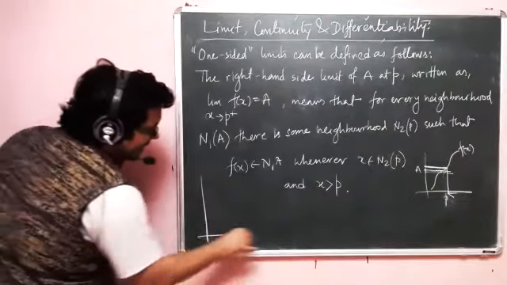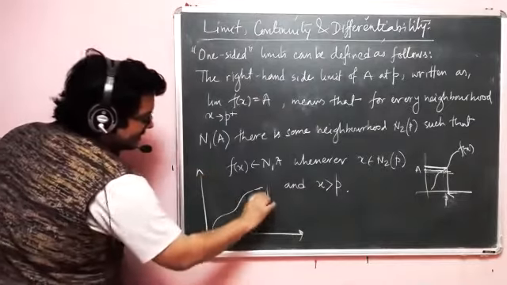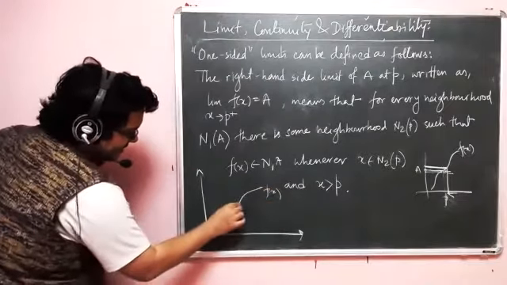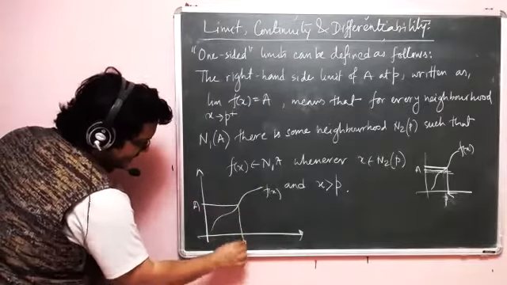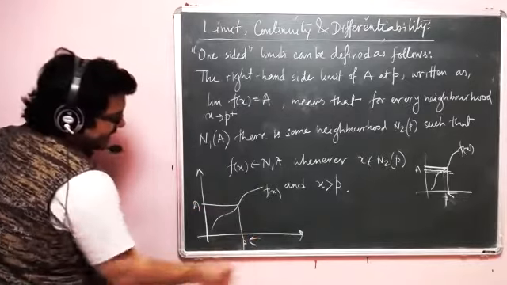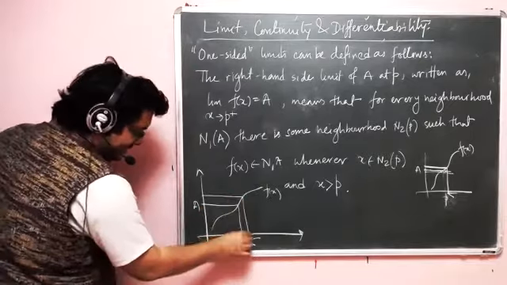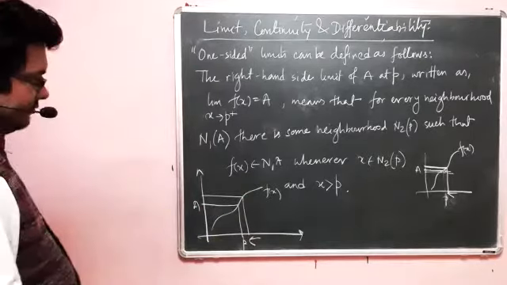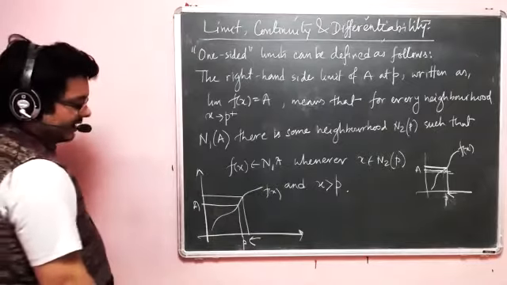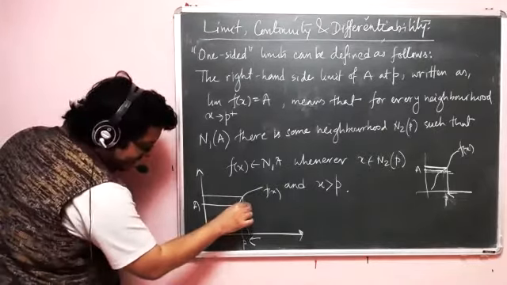To take a bigger diagram, what I'm saying is that this is my f(x), this is, let's say, my A, and this is my P. I'm coming from this side, I'm taking an interval which will give us an interval here, and I'm looking whether this function is in between this zone or not.